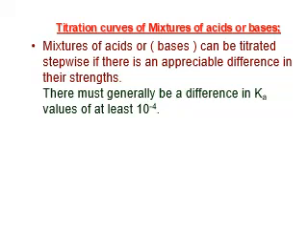If the difference in Ka values is less than this value, less than 10 to the power minus 4, that is to say, the two strengths are near each other. They are similar in strength. In this case, will we obtain stepwise titration? Of course not.